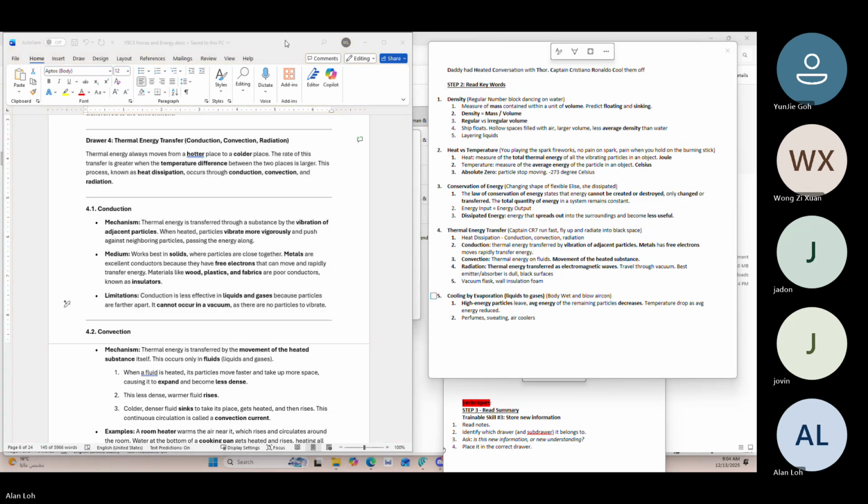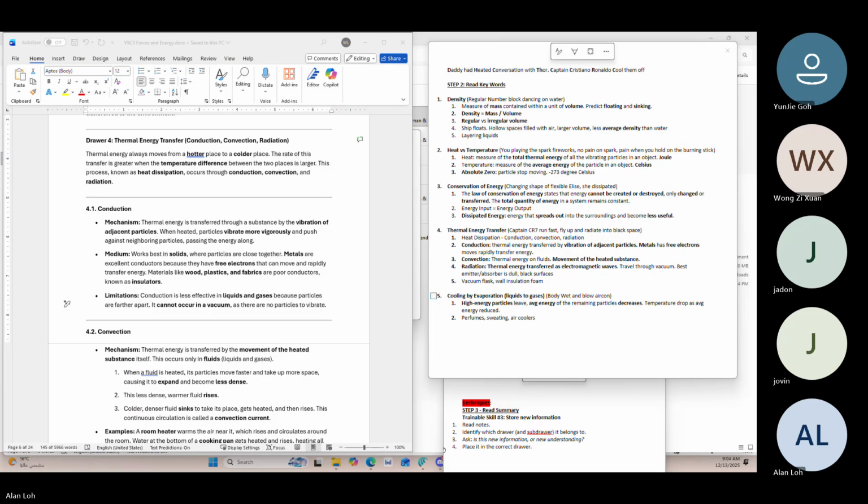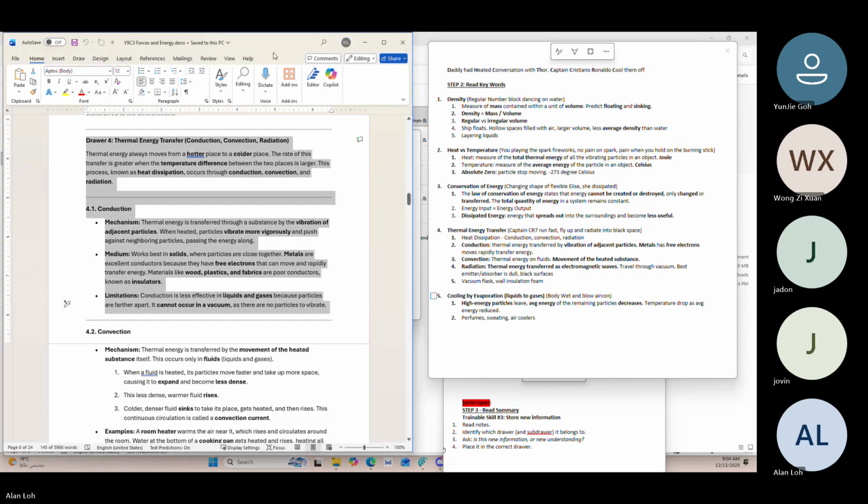Okay, done. So this is which drawer? Xuan Xuan. Xuan Xuan, you're typing? Which drawer is this? Xuan Xuan, are you still with us? Hi.